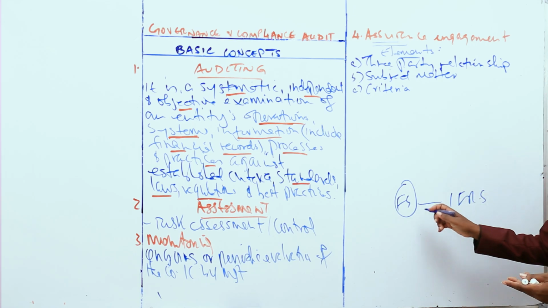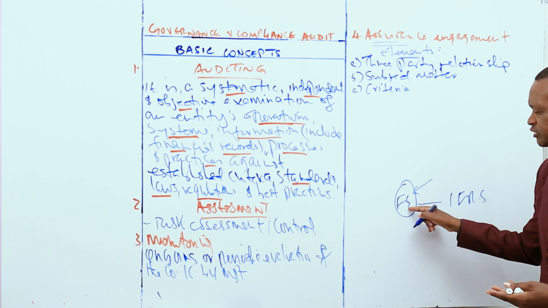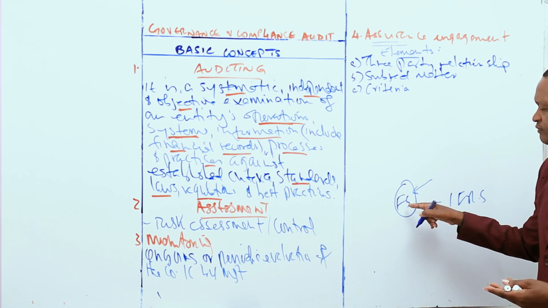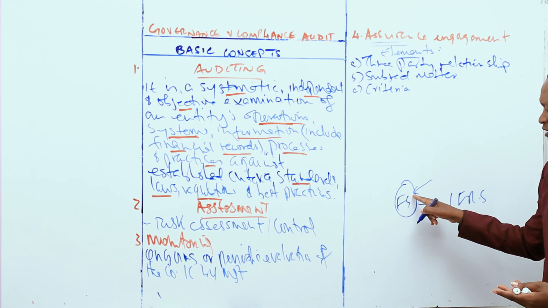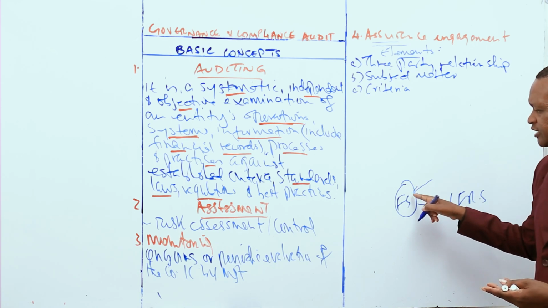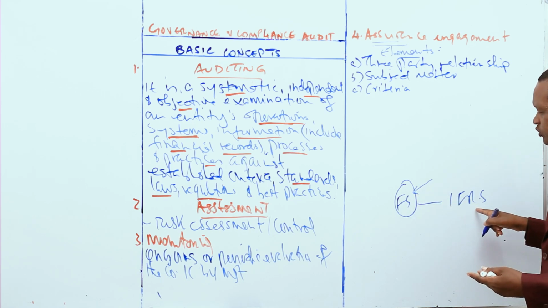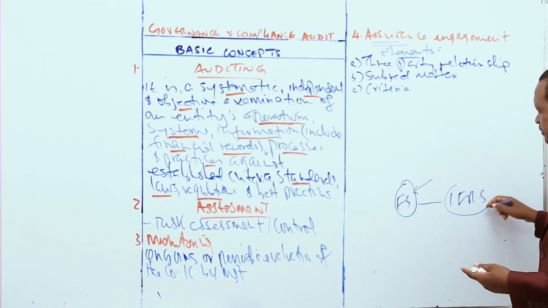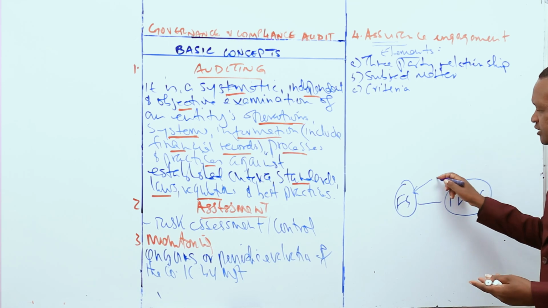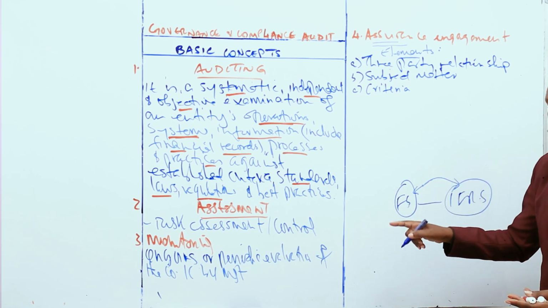The auditor checks, for example, the elements in the financial statements, say property, plant and equipment, or the fixed assets. Now, candidates, there is a way in which the International Financial Reporting Standards demand that fixed assets be recorded.